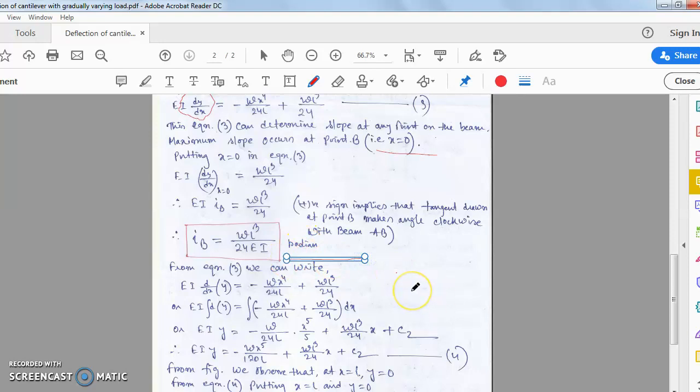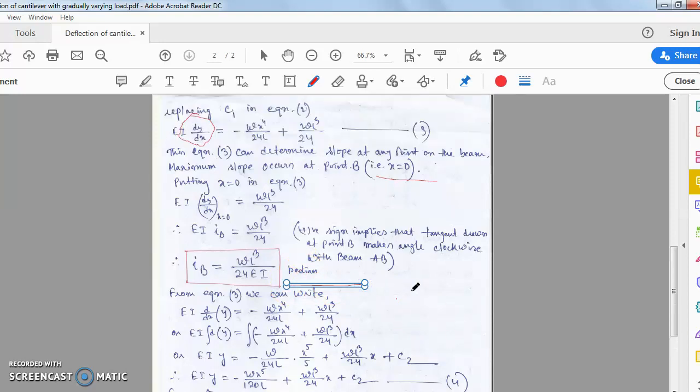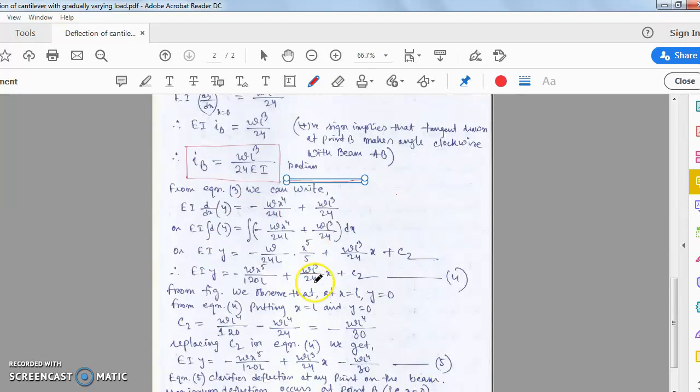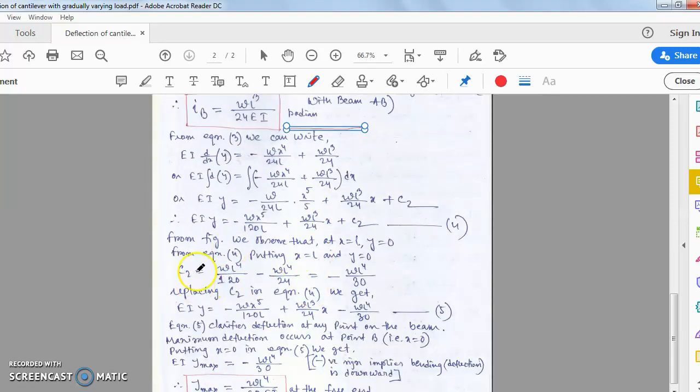From equation 3 we integrate once again to get the value of deflection. That is E I y equals minus W x to the power 5 by 120 L plus W L cube by 24 x plus C2. C2 is the integration constant, which we calculate using the boundary conditions.